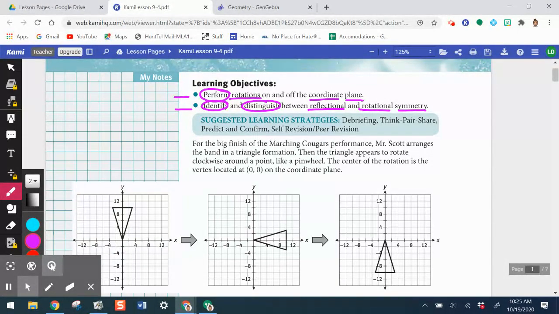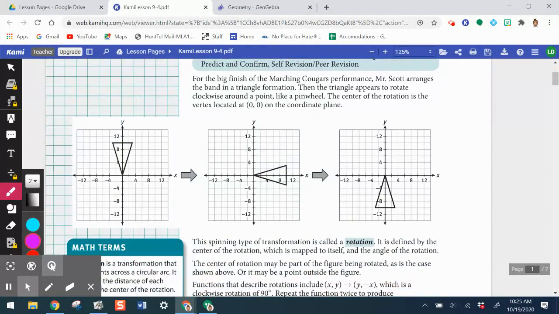It says, for the big finish of the Marching Cougars performance, this is our last rigid motion, Mr. Scott arranges the band in a triangle formation again. Then the triangle appears to rotate clockwise around a point like a pinwheel. The center of the rotation is the vertex located at 0, 0, also known as the origin on the coordinate plane.